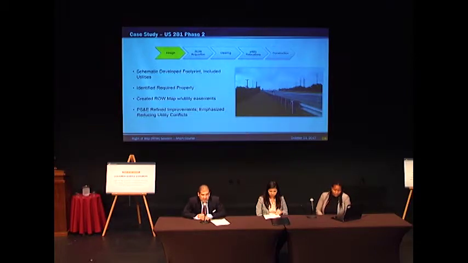So as mentioned, design kicks off each project. It goes through planning, the schematic phase, which would identify like broad stroke improvements, the project footprint, and it'll also include some high-level utility investigations. Property needs are identified, and the consultant is tasked to create a right-of-way map with all the easements shown.